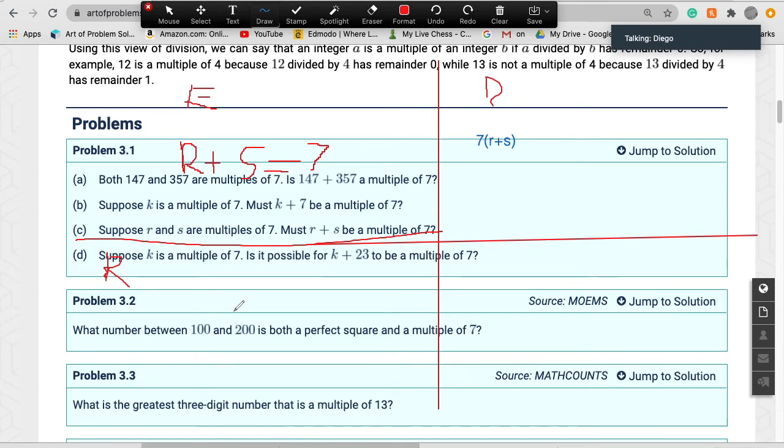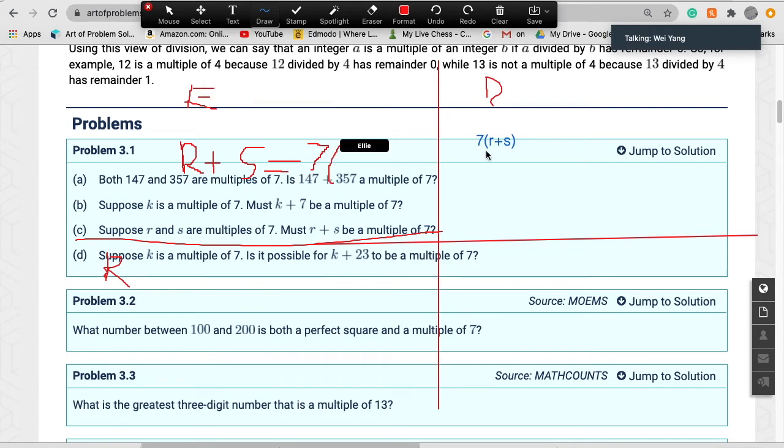I think it's R for that one. RS. Wait, what's R plus S? R plus S, we don't know. Then how are we supposed to get this one? Oh, I know.